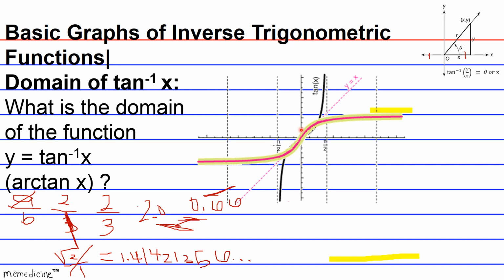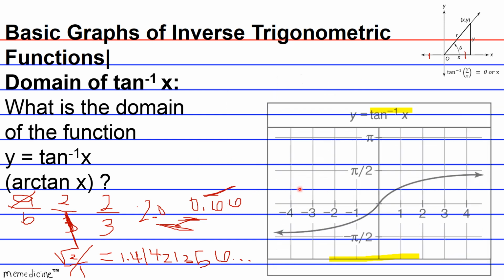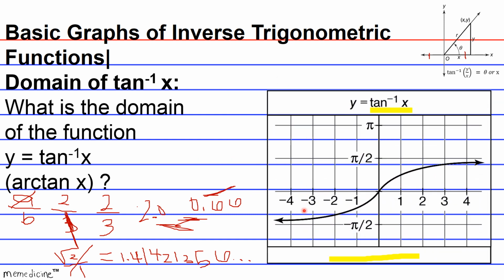And we're going to neaten things up a bit because this might be confusing you. So again, here goes a representation of y equals the inverse tangent of x, with the domain going on forever in the negative infinity direction and positive infinity direction.